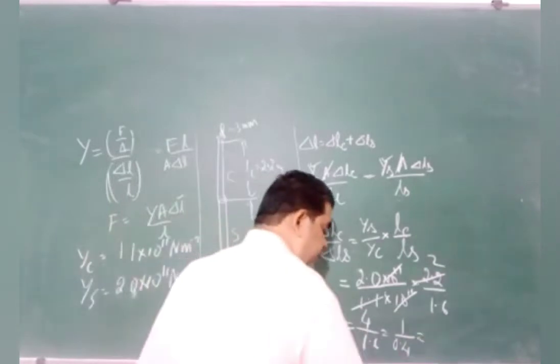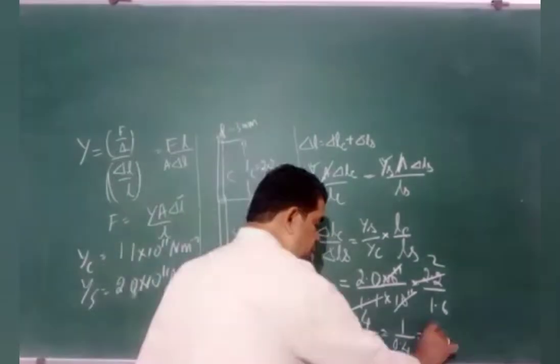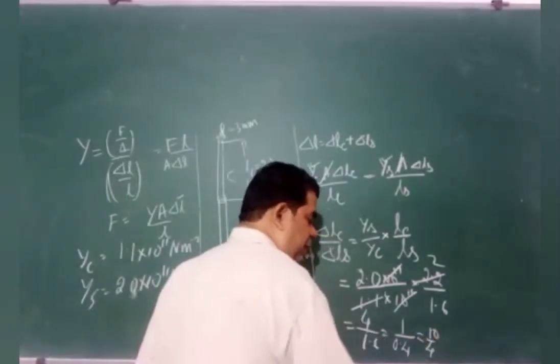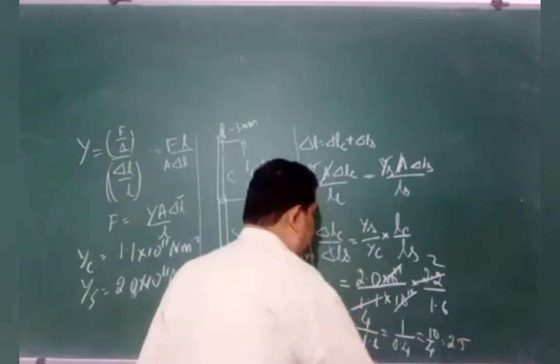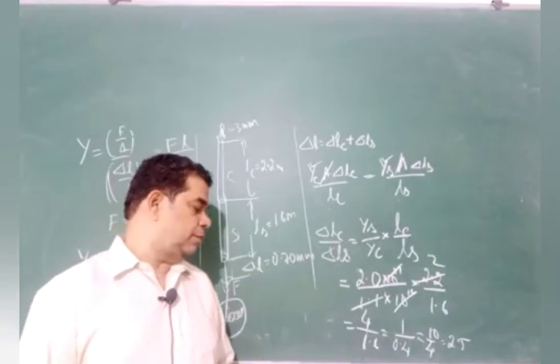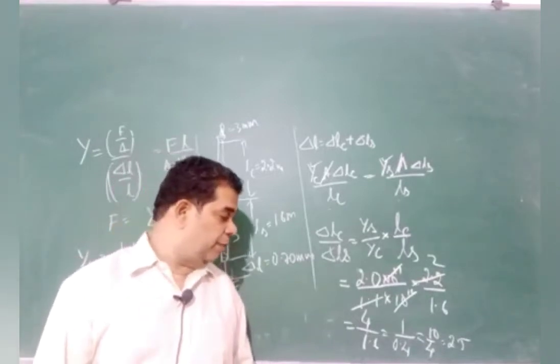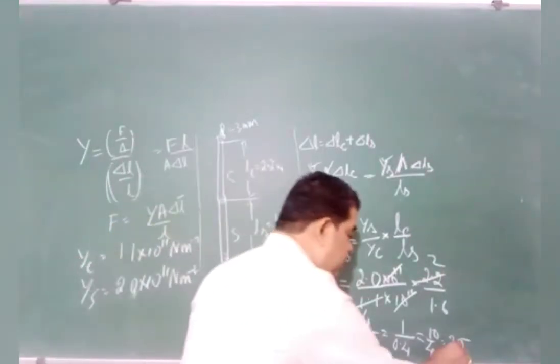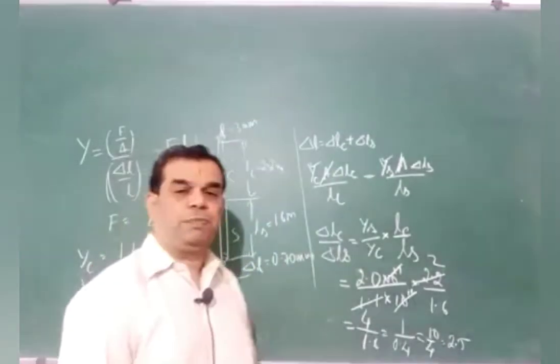That is 10 by 4 for that matter. It is 2.5. Is that right? 2.5. Delta LC by delta LS ratio is 2.5.